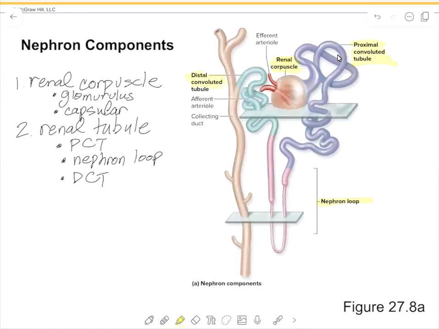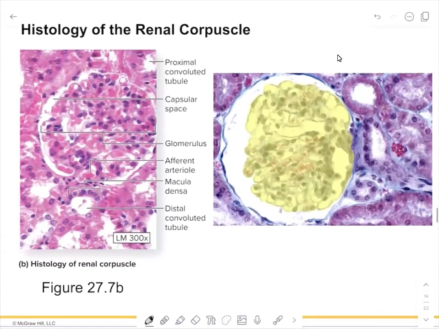That distal convoluted tubule is going to lead into a collecting tube and then a collecting duct. So you don't need to know what is reabsorbed, what the functions are in the different parts of the nephrons, but you do need to know the general anatomy, the histology of the different parts.